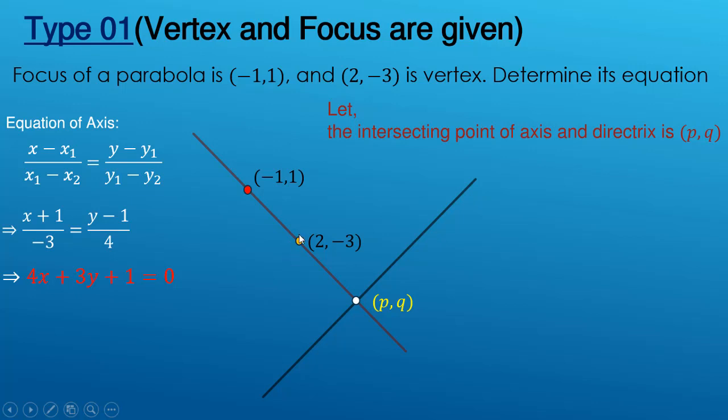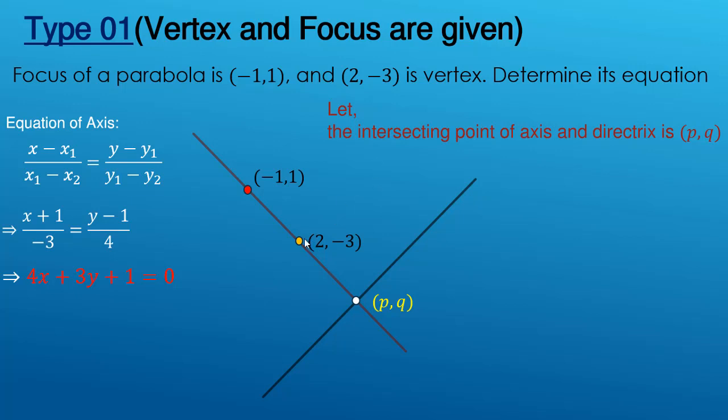So the distance from (2, -3) to the focus (-1, 1), this distance, and the perpendicular distance from (2, -3) to the directrix, this perpendicular distance, these two distances are always equal. The focal distance and the perpendicular distance to the directrix are always equal. It's from the definition of parabola.